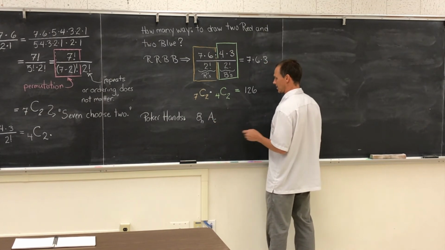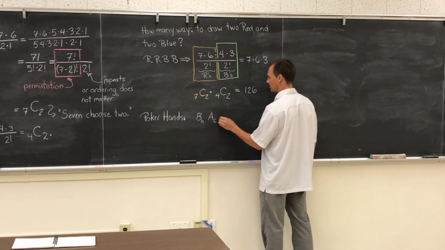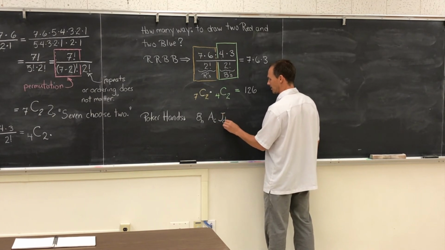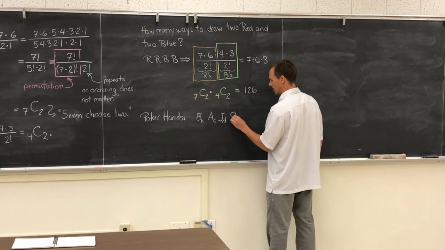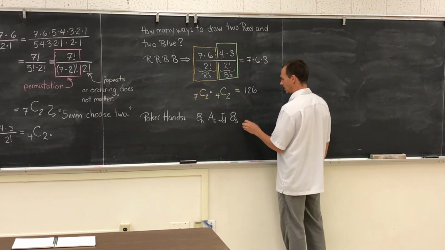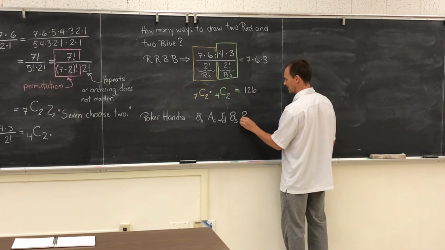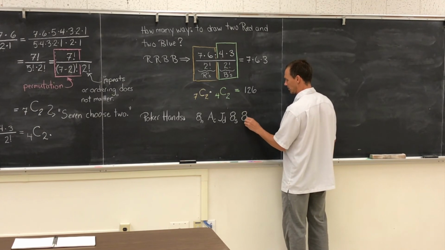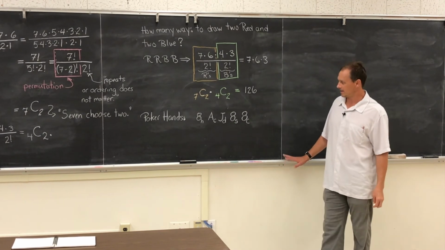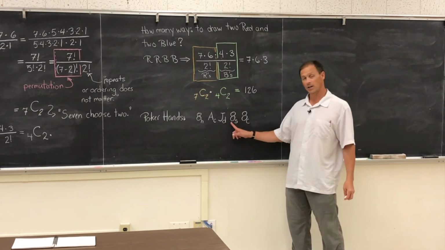How about a jack of diamonds? Maybe another ace, maybe another 8 of spades. And finally, how about this? An 8 of clubs.